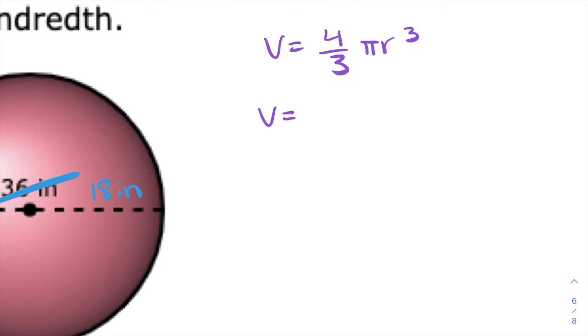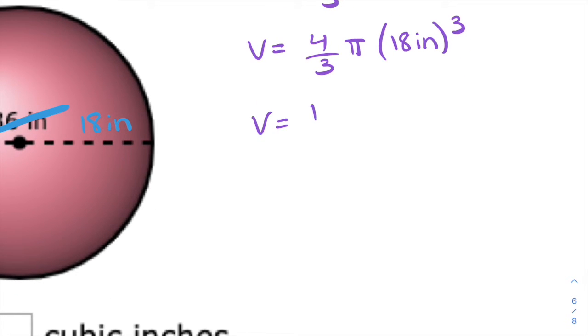So volume equals 4/3 pi times 18 inches cubed. So volume equals 4/3 pi, 18 times 18 times 18 is 5,832 inches cubed.